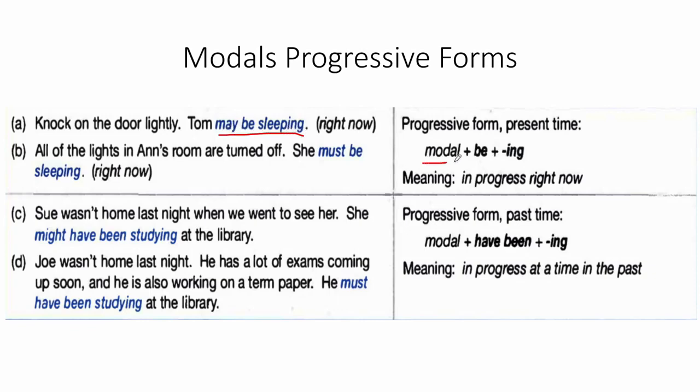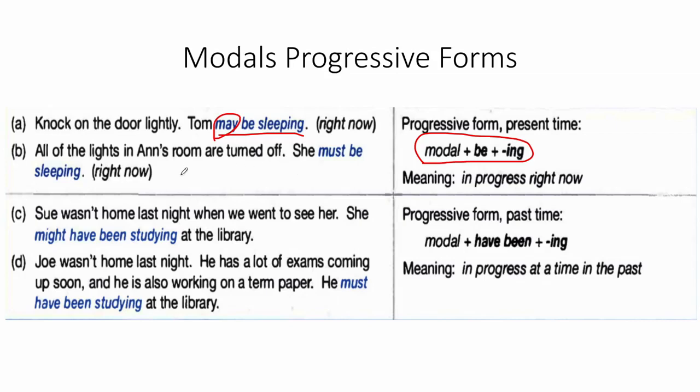How? Modal plus be plus ing form. It is similar to the use of present progressive, where you have I am going, I am sleeping, I am eating, etc. The only difference is that here we have to have a modal before be and before the ing form of the verb. All of the lights in Anne's room are turned off.